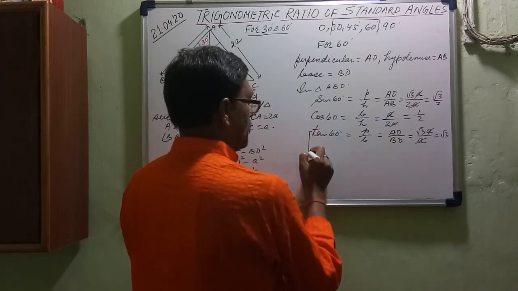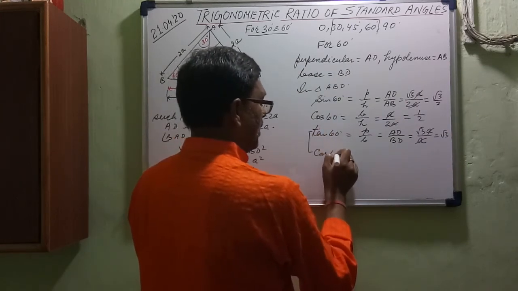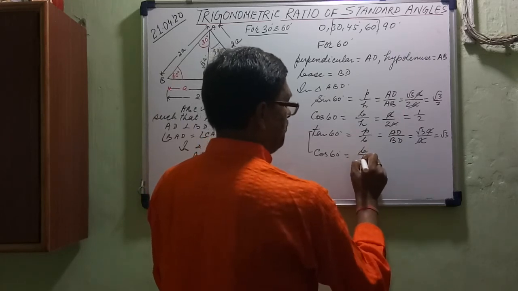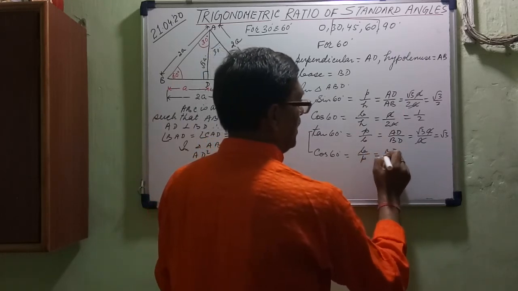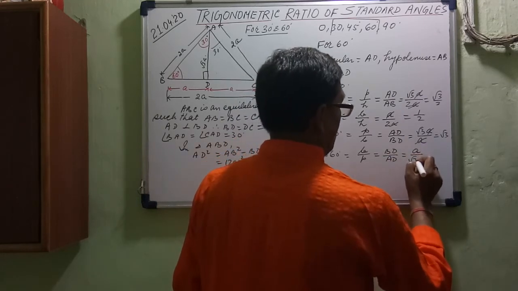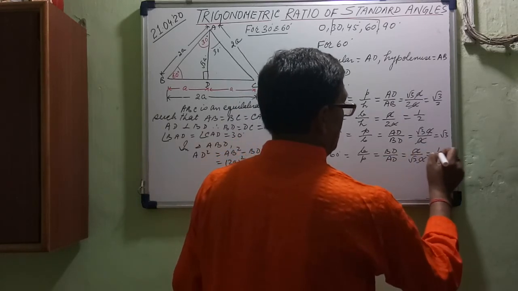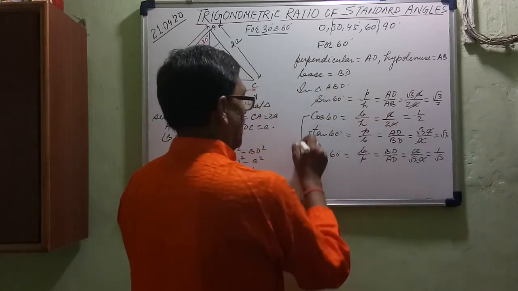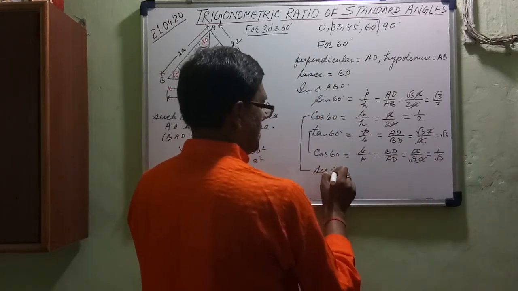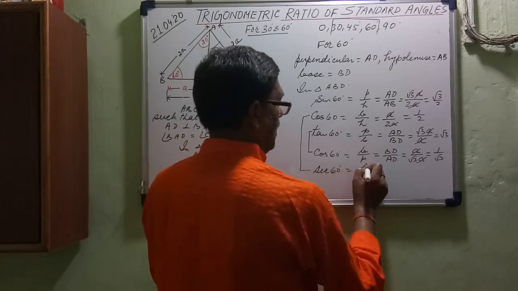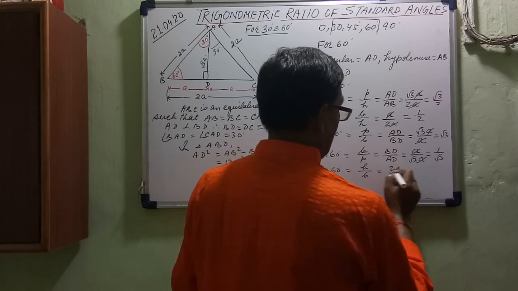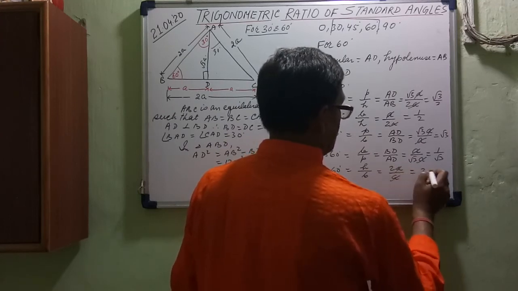Find out its reciprocal. Cot 60 degree is equal to how much? B by P is equal to BD by AD, a by root 3a, 1 by root 3, and sec 60 degree, H by B, 2a by a, that is 2.